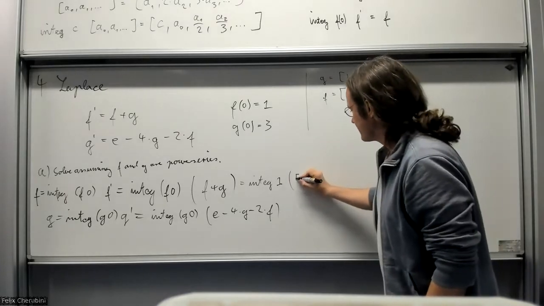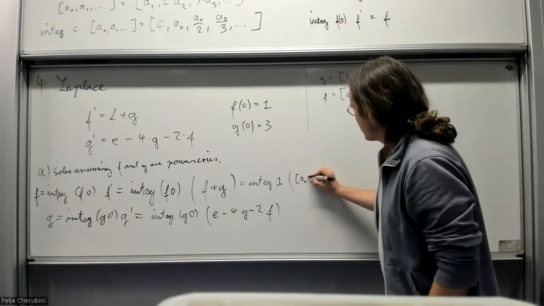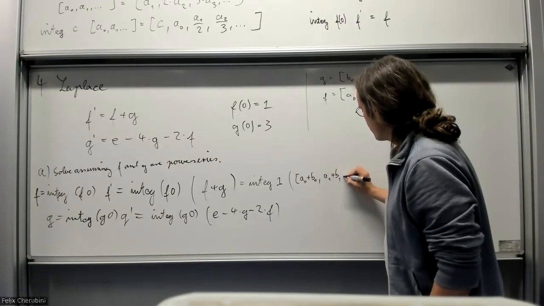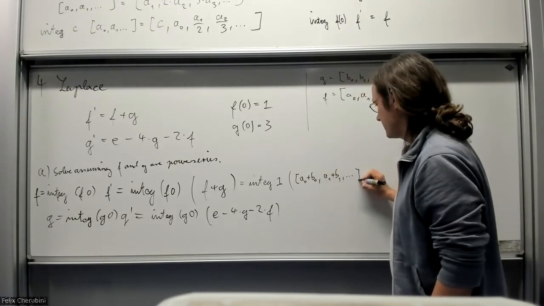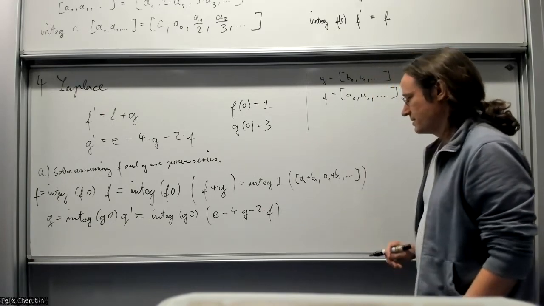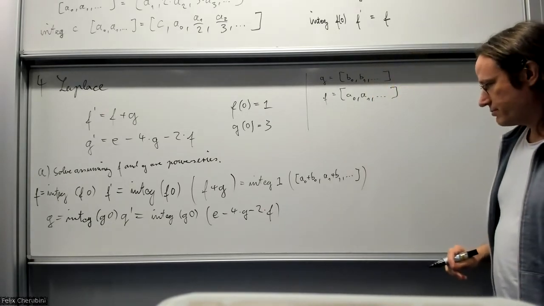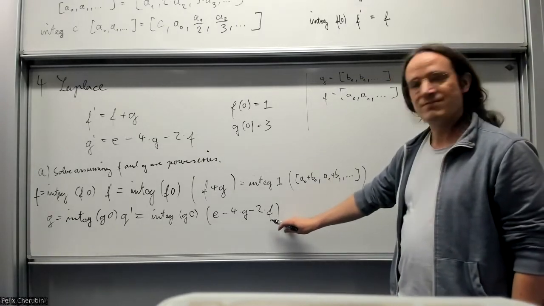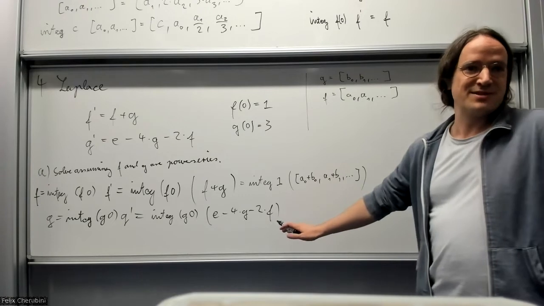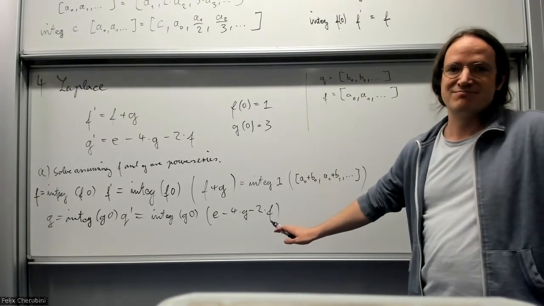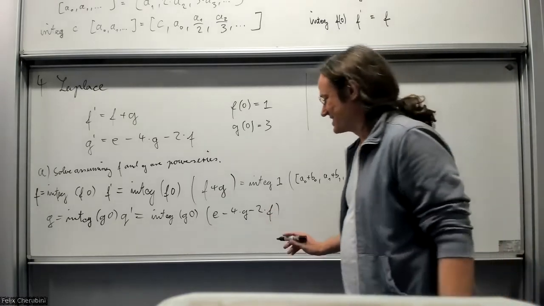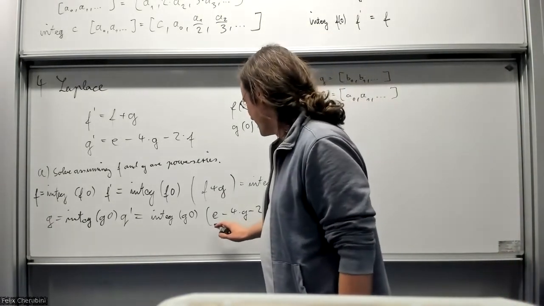So that's the list A0 plus B0, A1 plus B1, and so on. And yeah, should we do the same thing here? Or simplify before that? I mean, we could, yeah. Hard to tell what will be easier, I don't know.